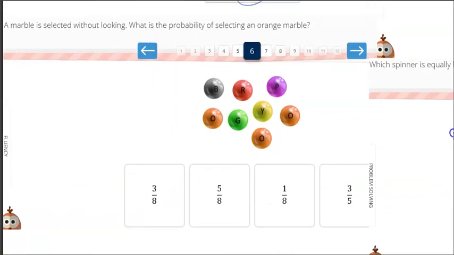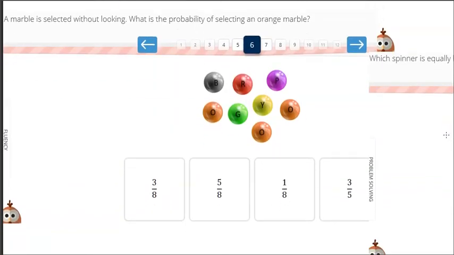A marble is selected without looking. What is the probability of selecting an orange marble? So probability is given in the form of a fraction, okay? And when we have this fraction, there are 2 numbers that are important.